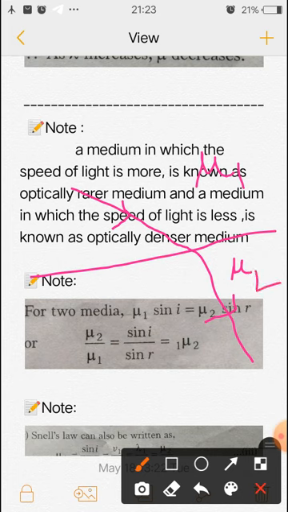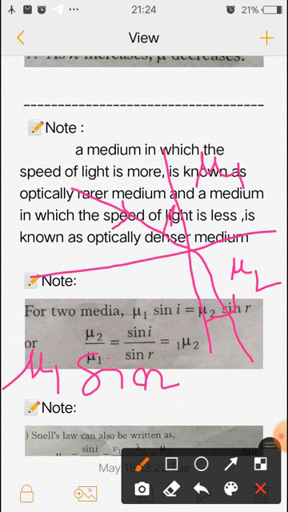So for two media, mu1 into sin i, where i is the angle with the normal, is equal to mu2 into sin r.